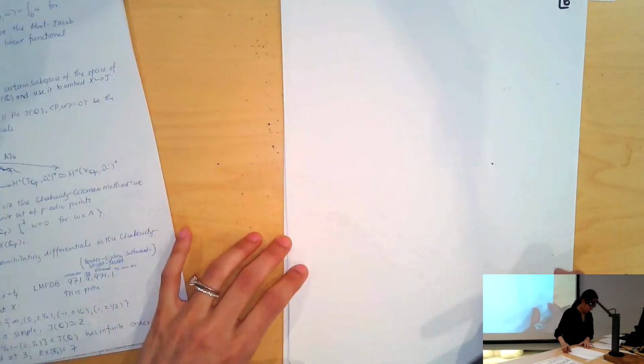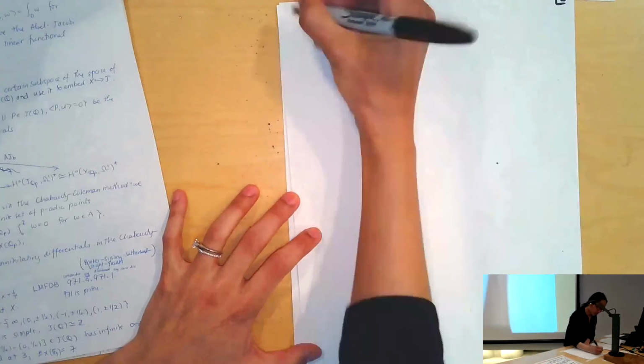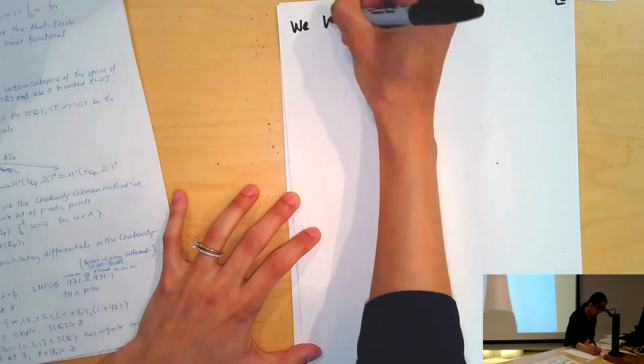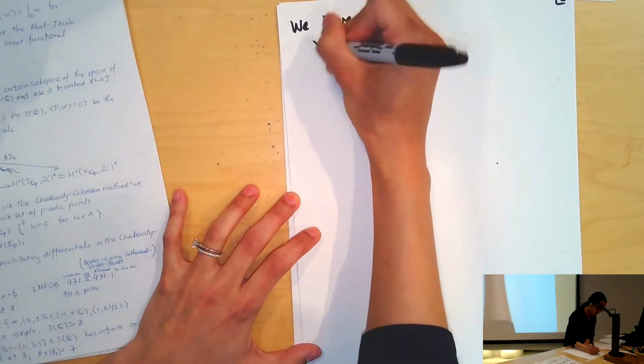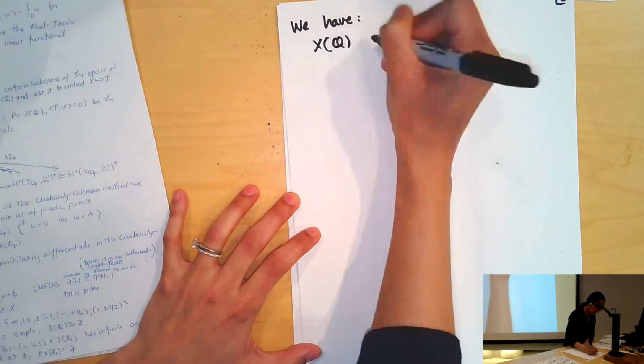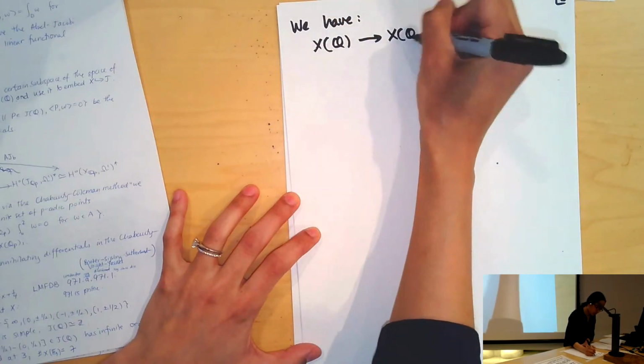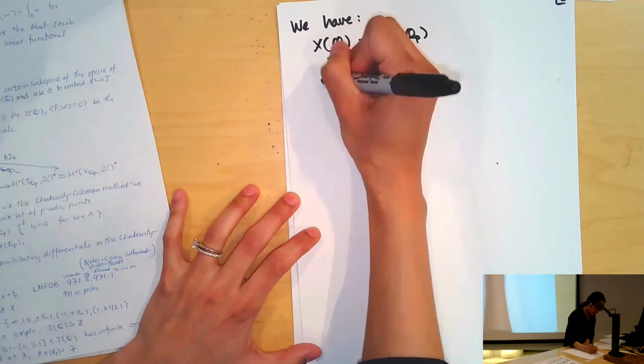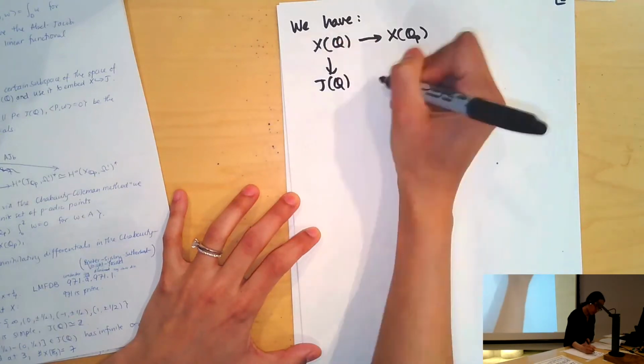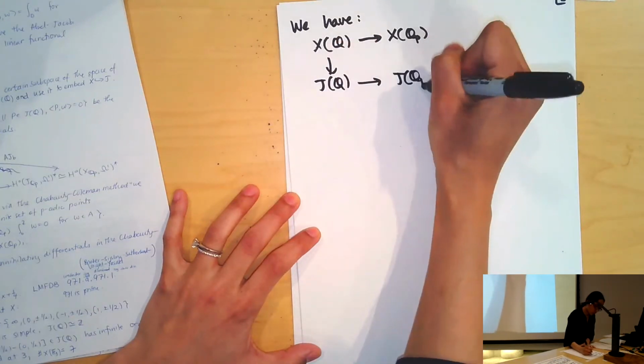All right. So let me just produce this diagram. So we have the following. So we have rational points on our curve and Q_p points on the curve. And then rational points on our Jacobian, Q_p points on our Jacobian.